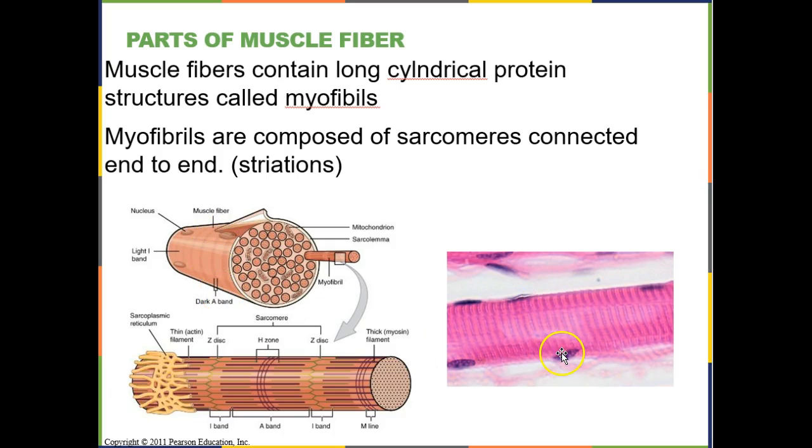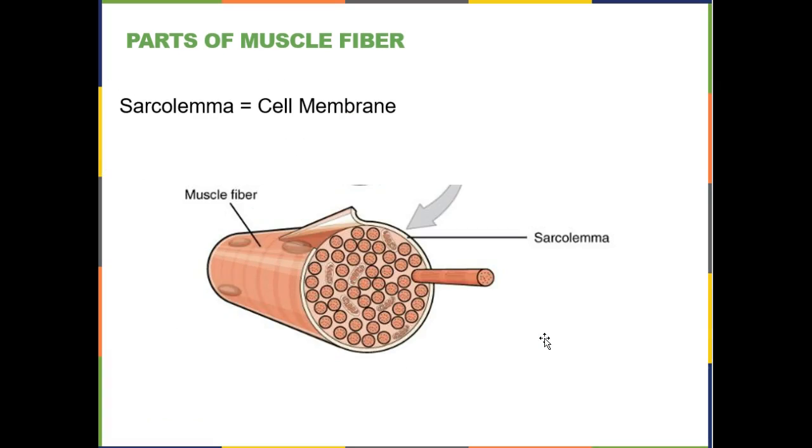So this is one cell thick here, many myofibrils running horizontally in this direction, but the striations go straight down because all of the myofibrils are lined up with one sarcomere in register underneath the next, underneath the next, underneath the next. And that's why you get these regular striations.